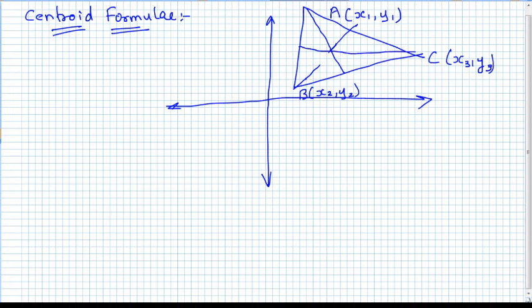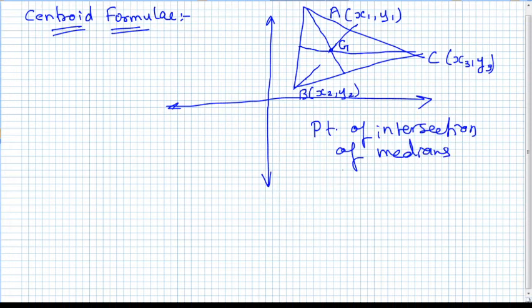The point of intersection here, I will call the centroid, G. Remember that, the point of intersection of medians in a triangle is what we call a centroid.